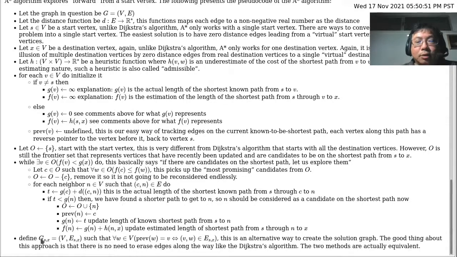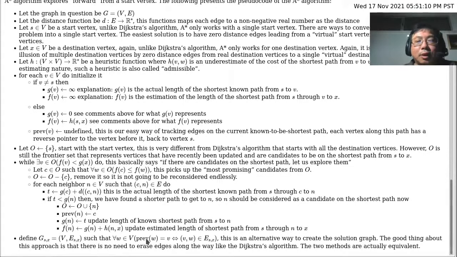So when this while loop exits, we can define GSX. I use this notation simply to mean this is the solution graph. The solution graph is going to have exactly the same vertices, and then ESX is a set that I'm constructing on the fly.